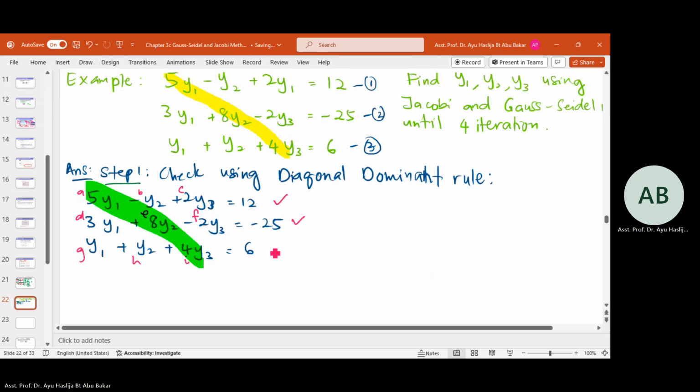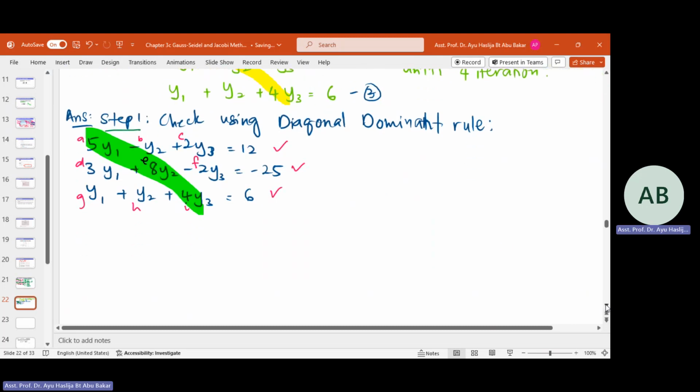Okay, so we can skip step 2, the rearrangement. Now proceed to the next step where you need to generate the unknowns equation.